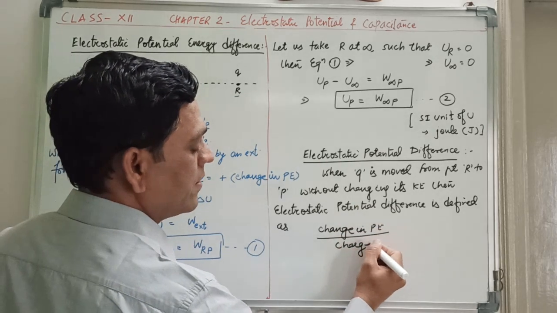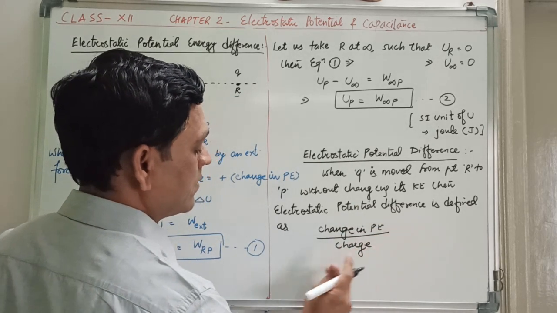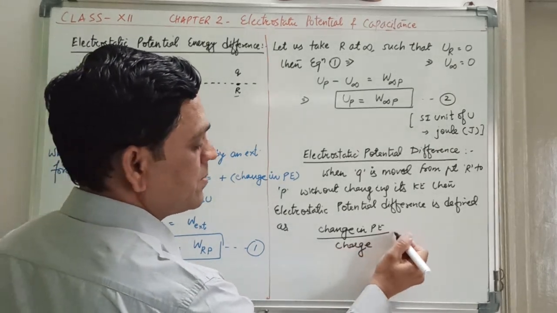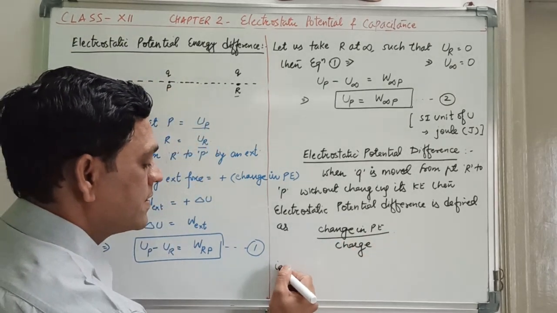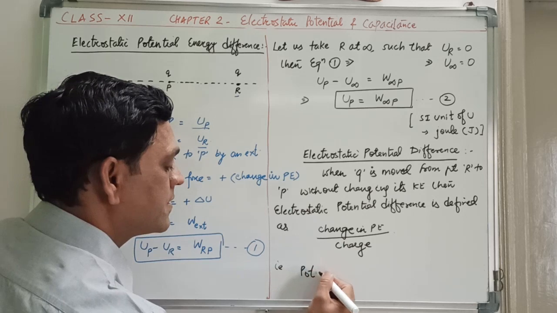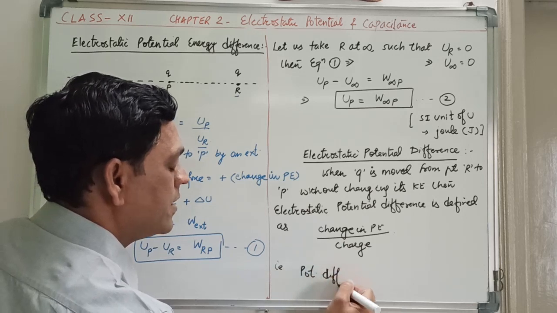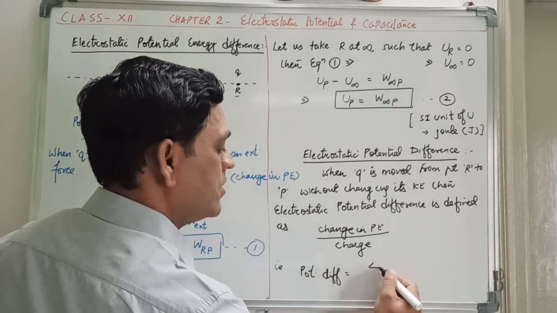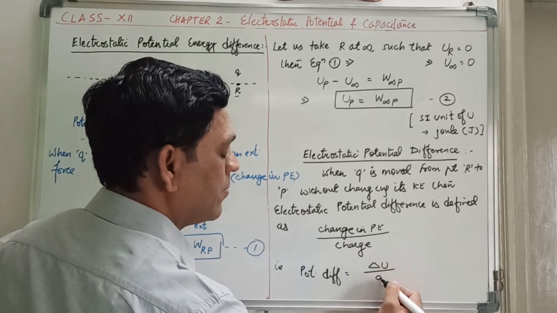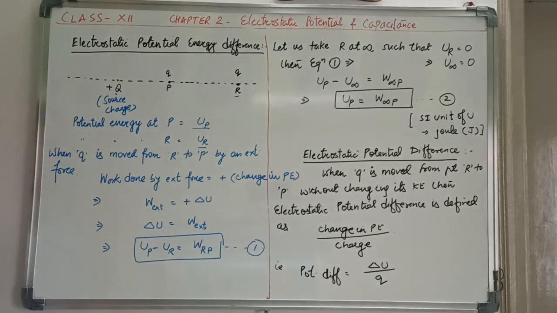This is what we call change in potential energy per unit charge here. That is, the potential difference is equal to the change in potential energy upon Q. Okay, we can take it further now.